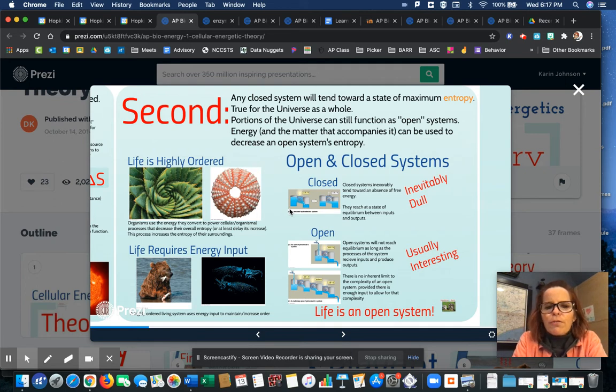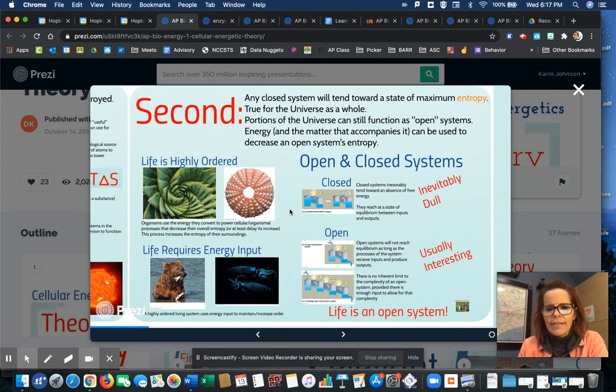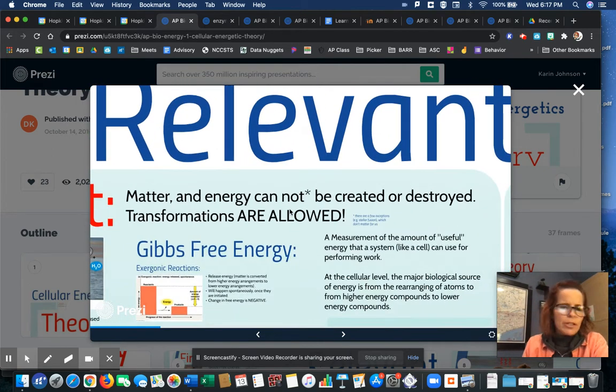It's true for the universe as a whole, but we are an open system that is constantly adding energy in to stop disorder, to stop entropy. We're taking in the sun's energy, we're taking in food energy, and that's how we are maintaining our organization and preventing entropy.